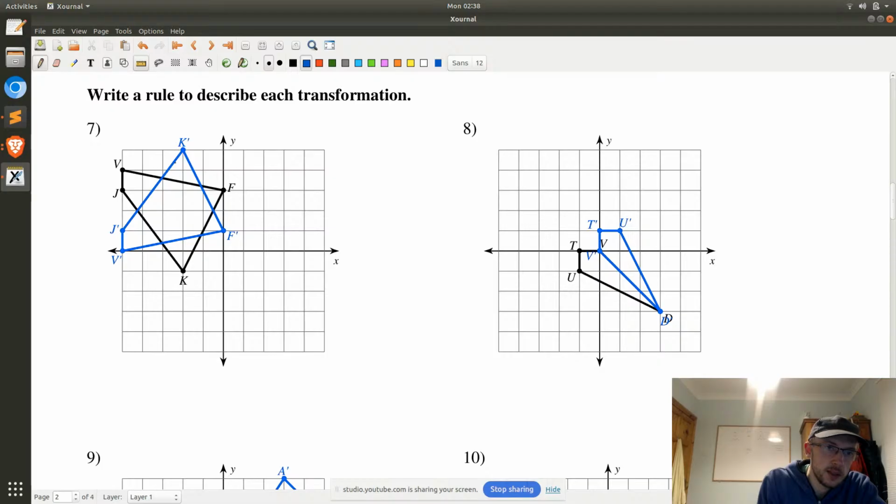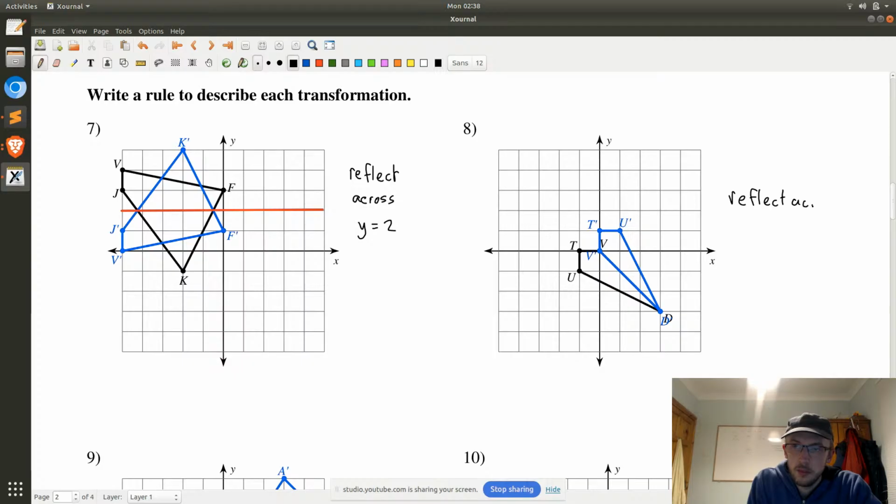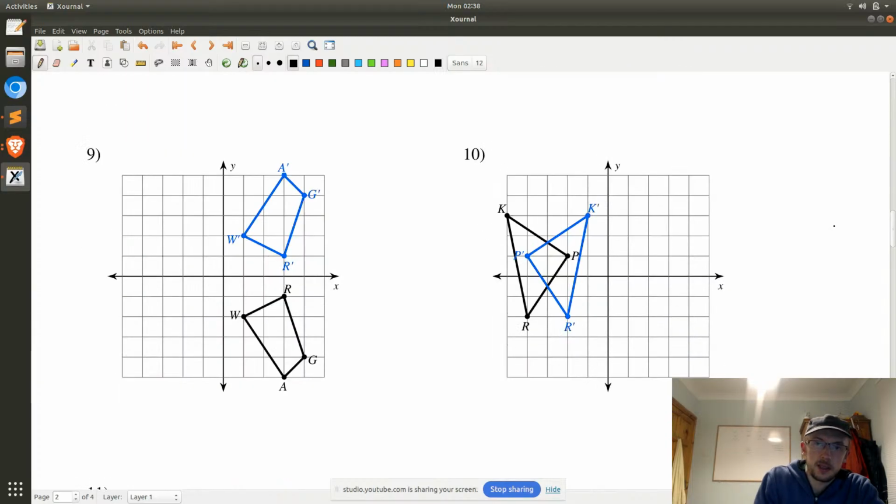Okay, K is now there somehow. So the line of reflection, the red line of reflection, is that. Like that. Like that.